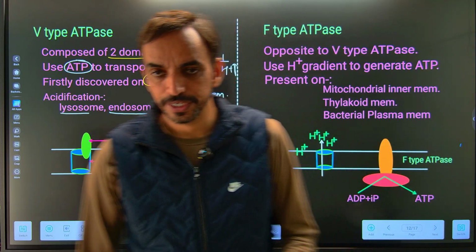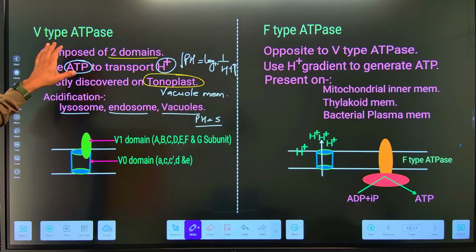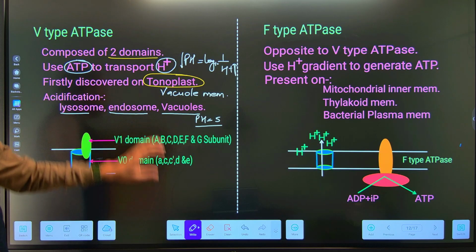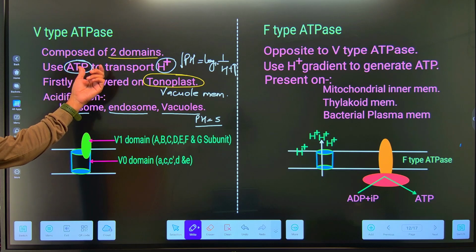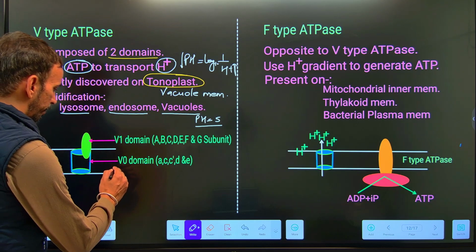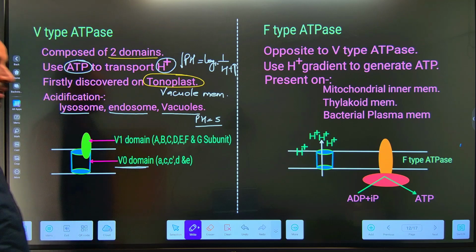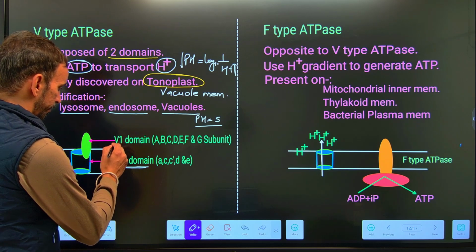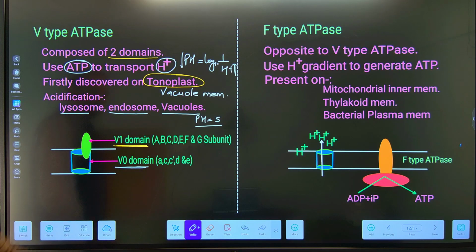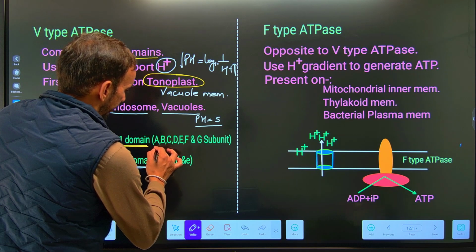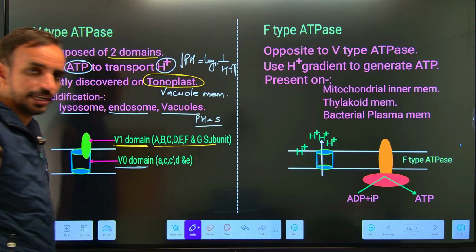So from here the point is that these V-type ATPases play an important role in the acidification of cell organelles. Now if we talk about the structure of this V-type ATPase, it has two domains. One is the V0 domain, which is a transmembrane domain, and the other is known as the V1 domain. Now this V1 domain is further made up of different subunits like subunit A, B, C, D, E, F, G, made up of 7 subunits.